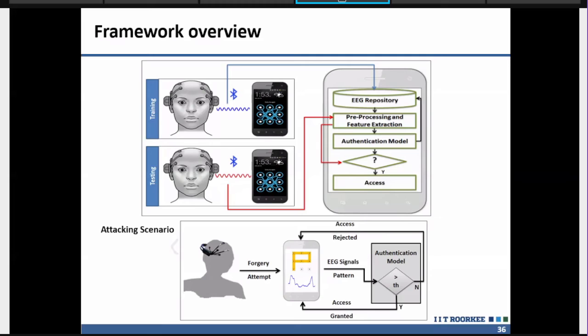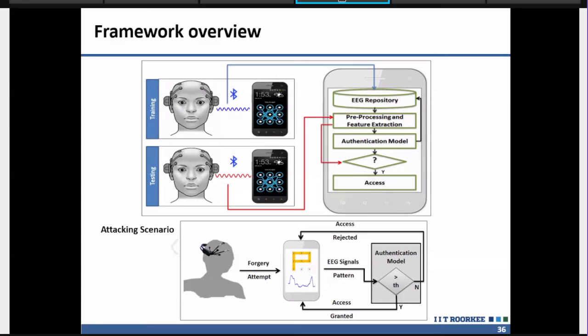Later, when a new signal comes, it will check how similar it is. If it is a very good matching similarity, like more than 70% matching, then it will say yes, which means it is the correct, genuine person, let him be there.